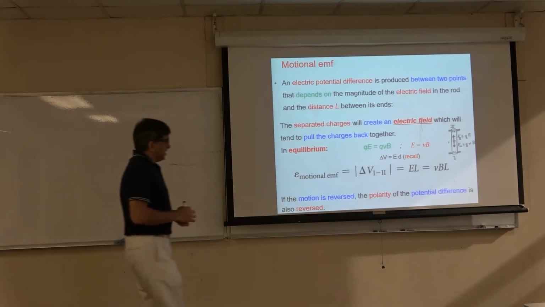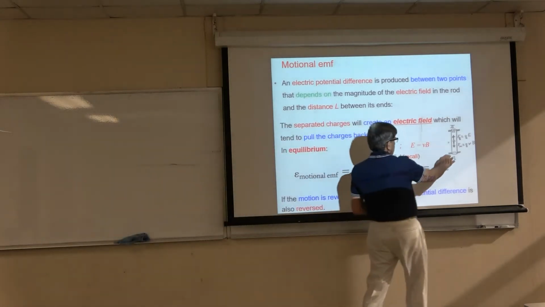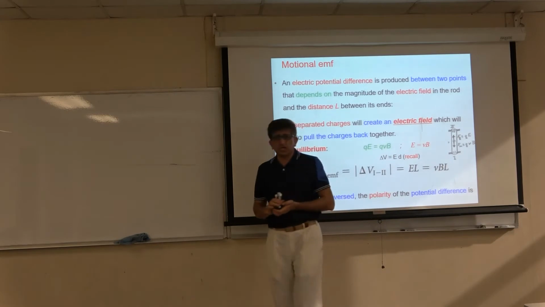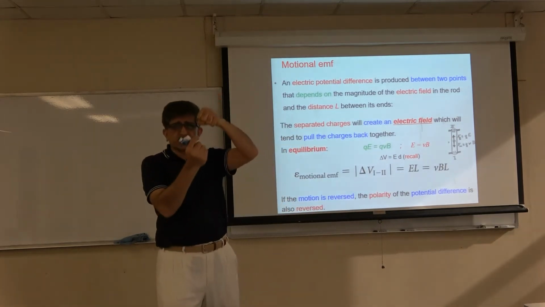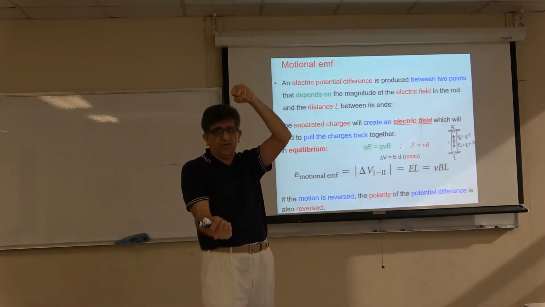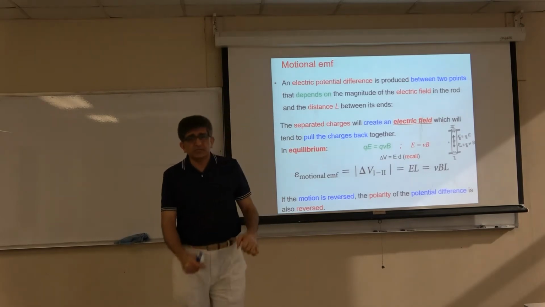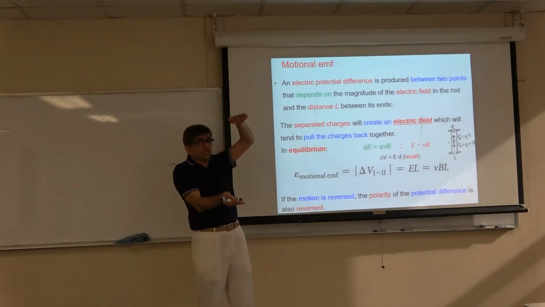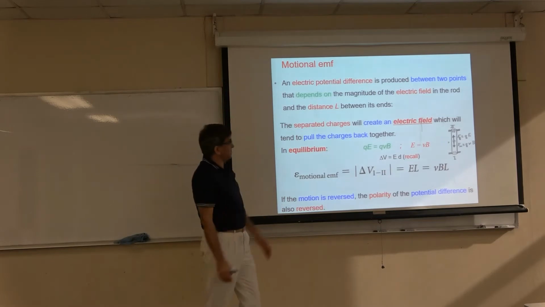If one end of the bar is negatively charged and the other is positively charged, it means the two ends of the bar are at two different charges. What it means is that we have a potential difference between the two ends.